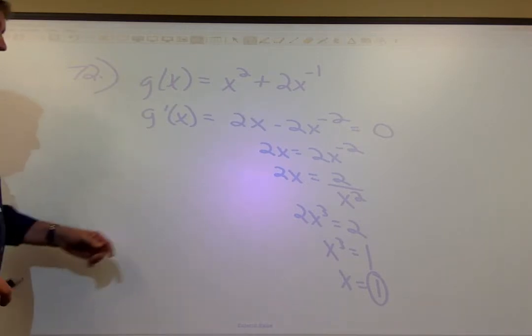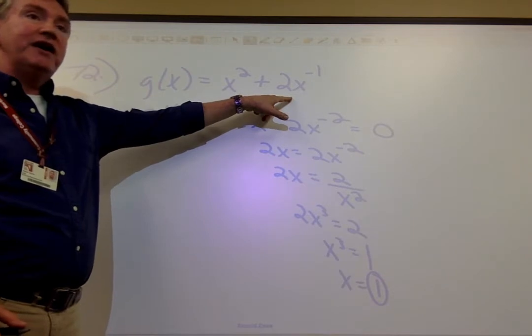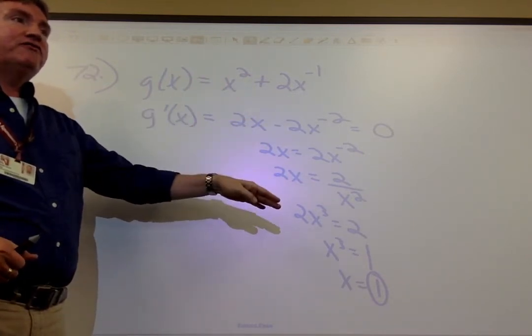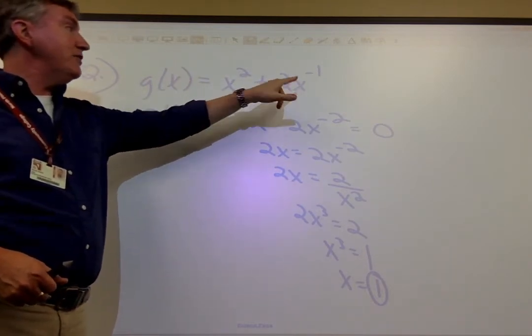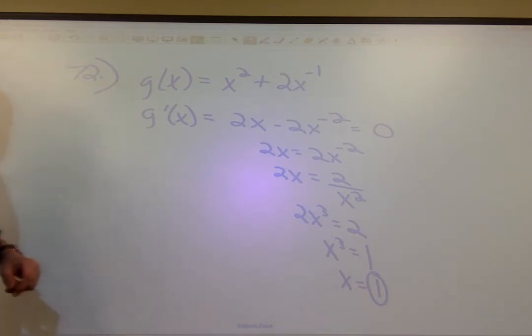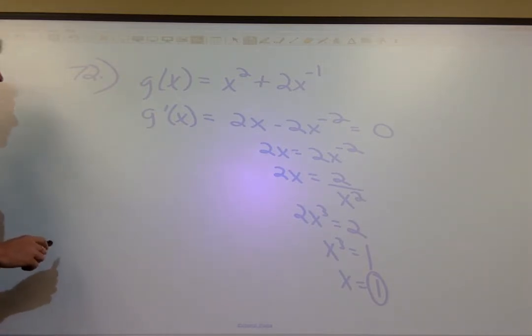What I'm thinking of is if our original function was undefined, it would not be. Remember, didn't it say if the derivative is undefined but the original function is defined? So I'm thinking if 0 made the original undefined, I don't think you have to worry about it. Look back at our notes. I think that was it, so we've got one critical number.